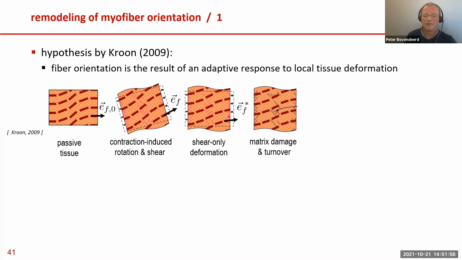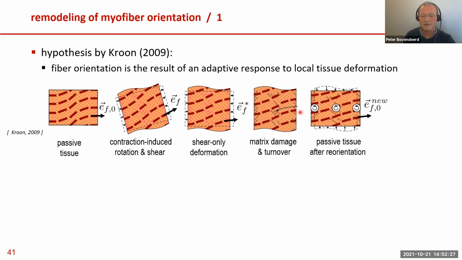But if we correct for the rotation, then we might see that there is a shear deformation imposed on the passive matrix, and we reasoned that this might damage the matrix, but also knowing that the matrix adapts or remodels on a time scale of about 1 month, we thought that in the end, the orientation in the active tissue might be frozen into the passive tissue.